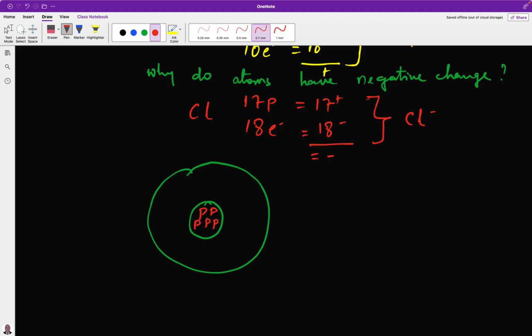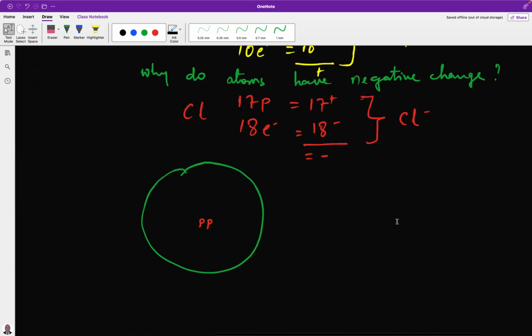Because the neutrons have no charge and the protons have a positive charge, the nucleus is positively charged, because it is full of all the protons.